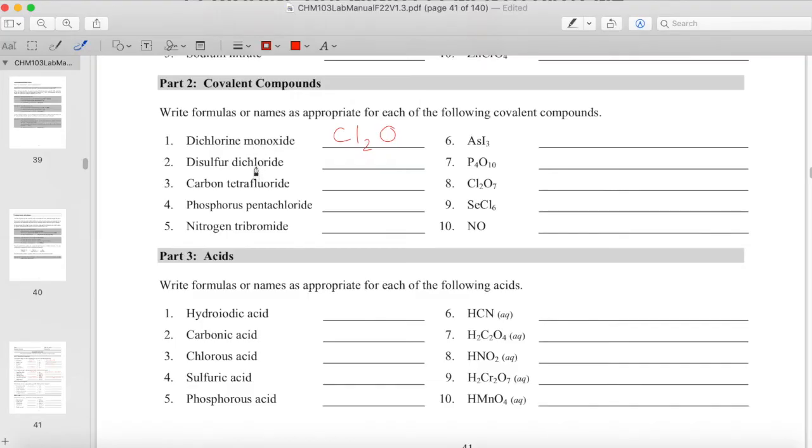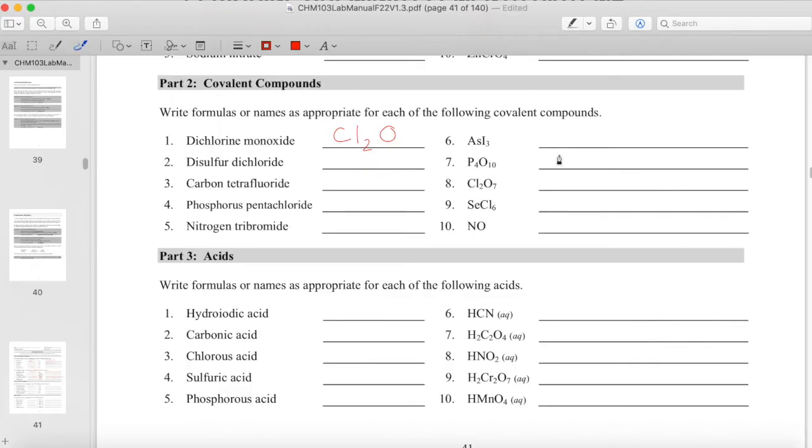Okay, that's the only situation where you'll ever see mono written. Otherwise, be on the lookout for prefixes at the start of each of these words. And if you just see a chemical symbol, though, to be honest with you, I think memorizing the prefixes is a little bit easier, and you can see that there's no Greek prefix, mono, di, tri, tetra, penta, hexa, etc. None of that's written in the front of this name here, so I know there's only one carbon.